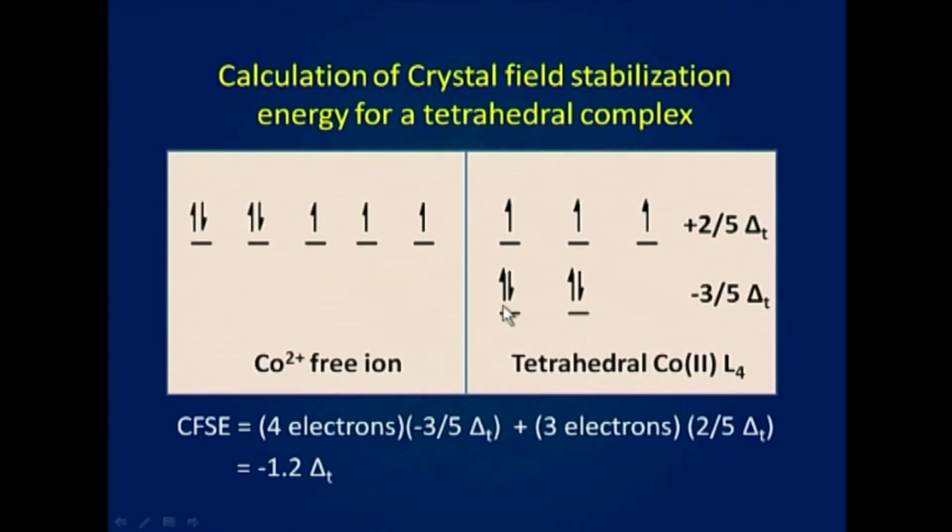You can see there are 4 electrons in the lower energy level, which is eg, and 3 electrons in the upper energy level, which is t2g. Now, for the calculation of crystal field stabilization energy, you have to calculate 4 electrons with minus 3 by 5 delta T and 3 electrons with plus 2 by 5 delta T. Ultimately, you will get crystal field stabilization energy equal to minus 1.2 delta T.